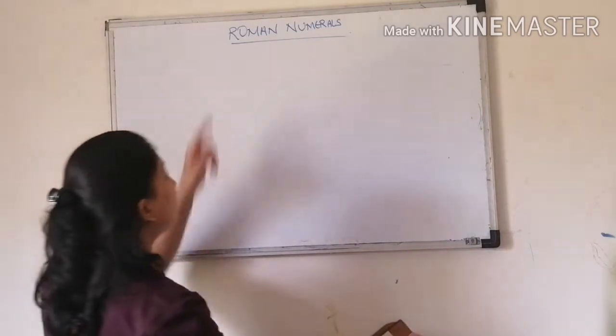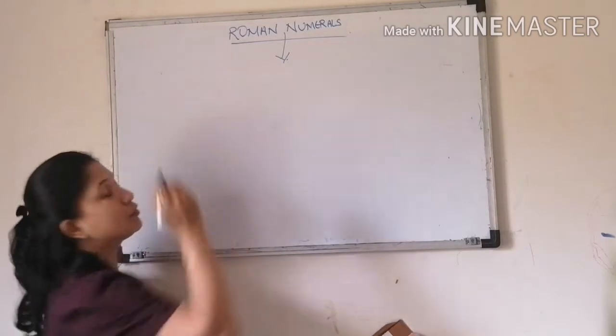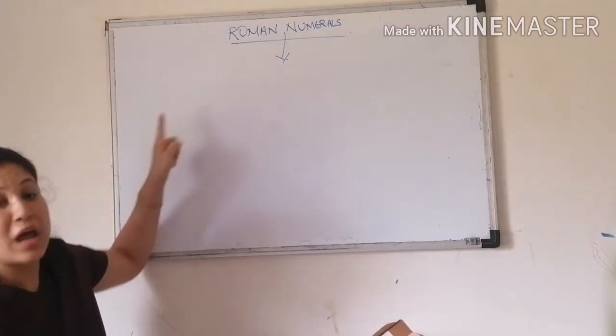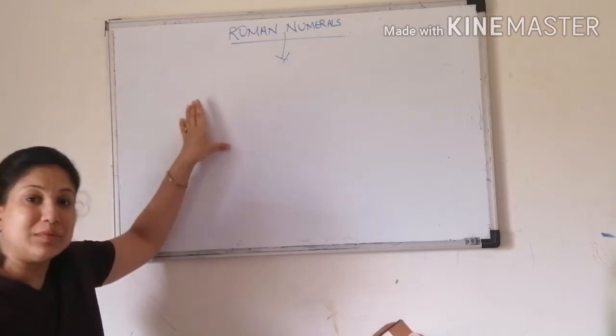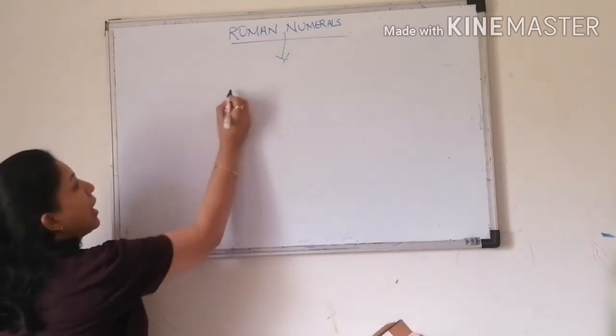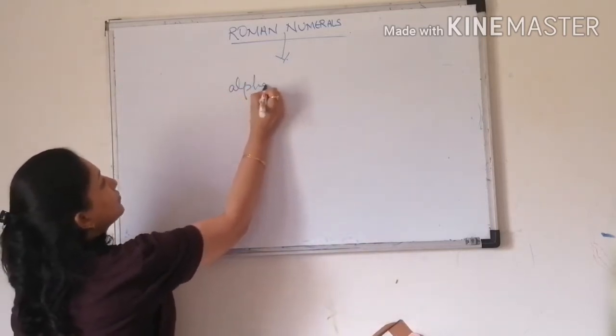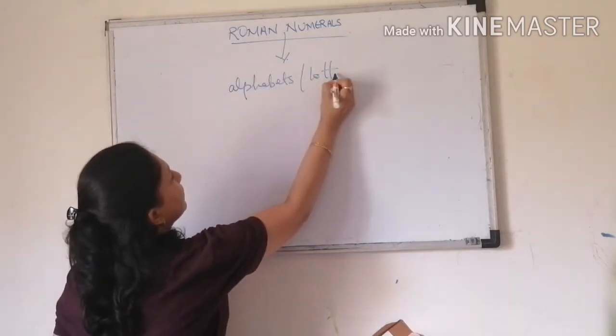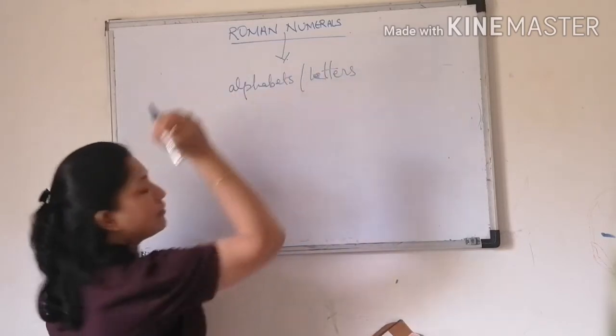In the same way, children, we have Roman numbers also. Now in Roman numbers, we do not have numbers. Roman numbers are represented by alphabets, or you can say letters of the alphabets.